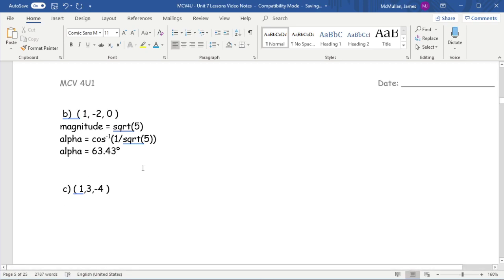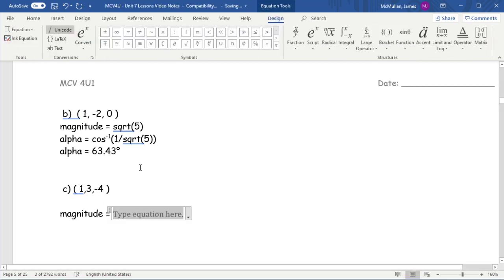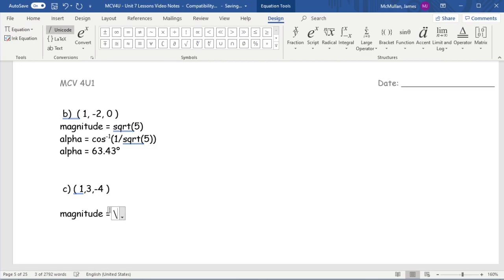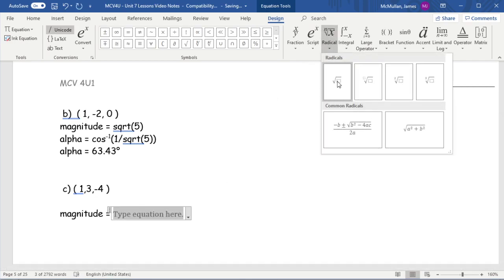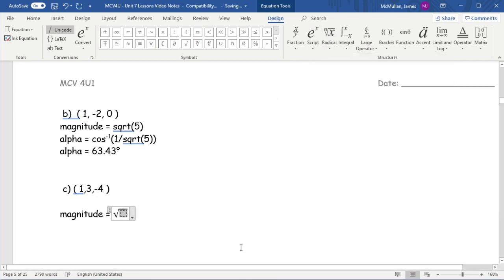Okay, last one we already did, but just quickly review how to do it. So the magnitude would be 1 squared plus 3 squared plus negative 4 squared.